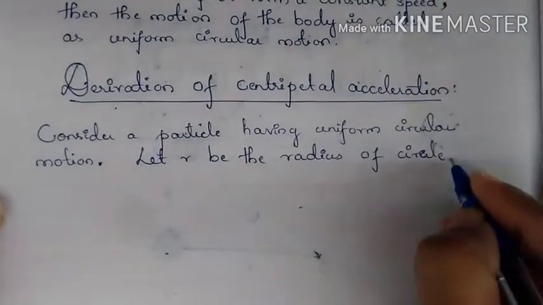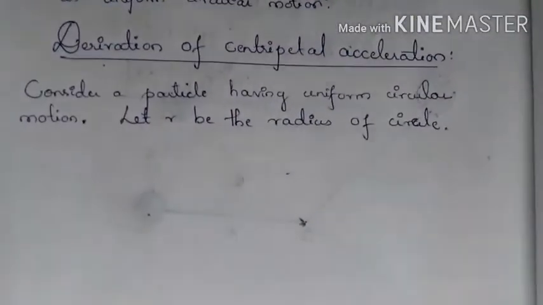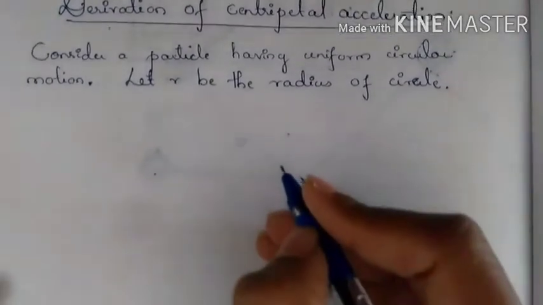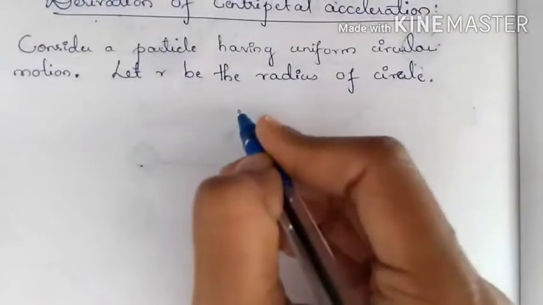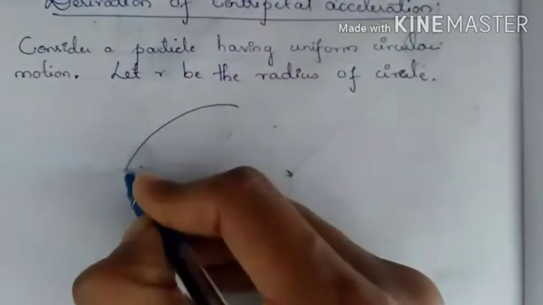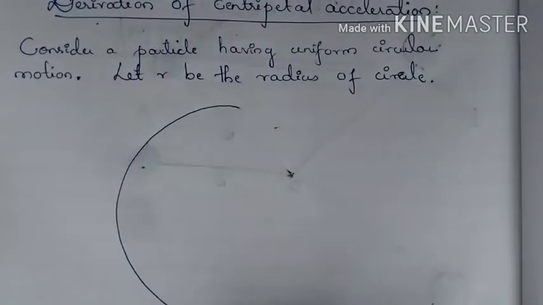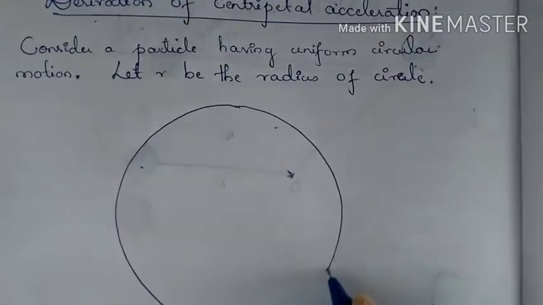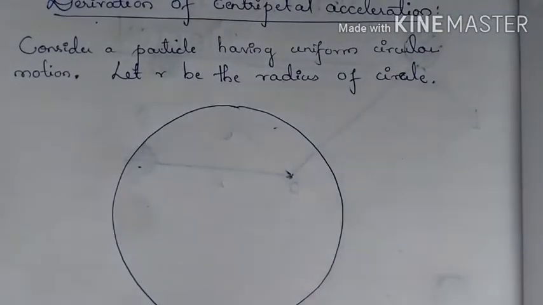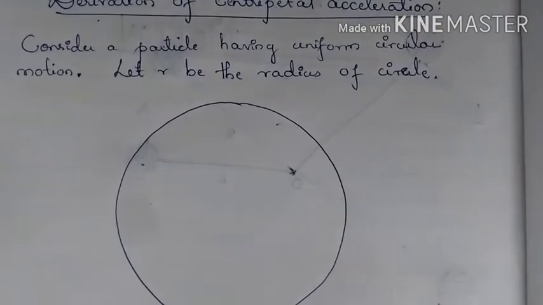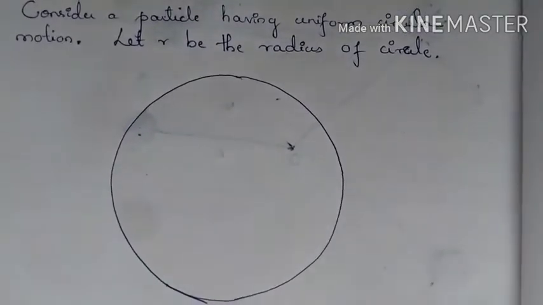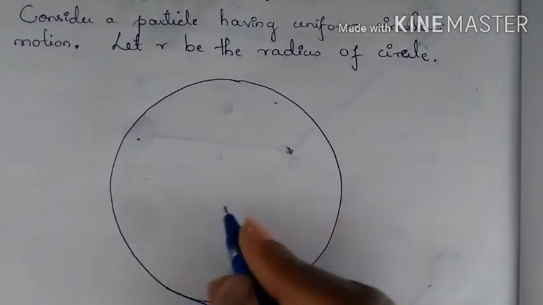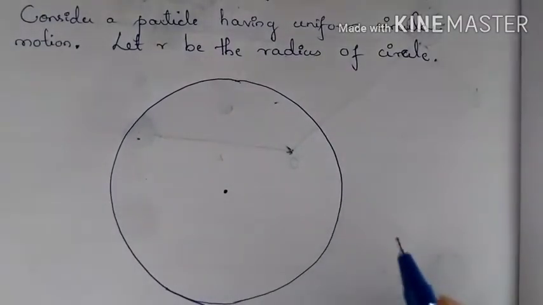Now let us consider this. A particle has a uniform circular motion, and this object has a radius r.